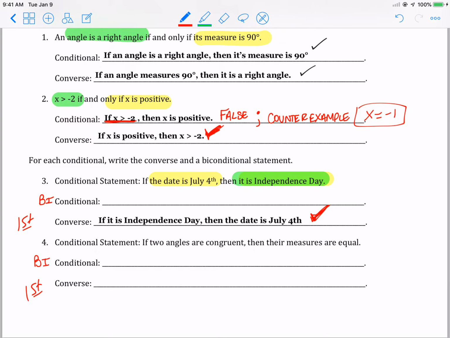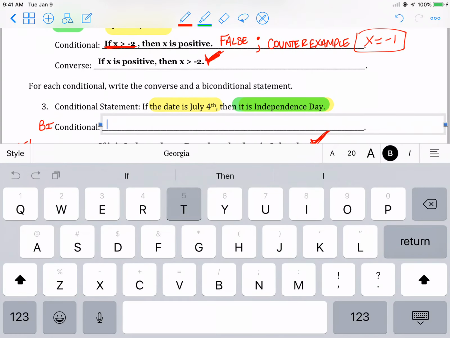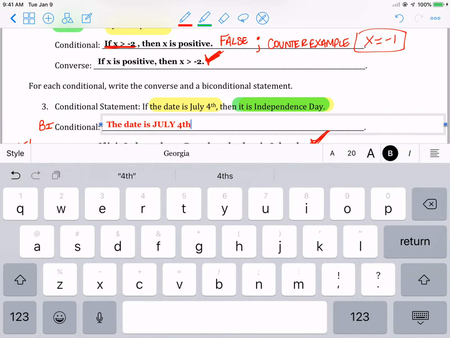Okay, so our biconditional statement is: the date is July 4th, if and only if it is Independence Day.